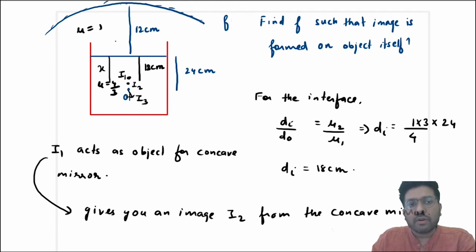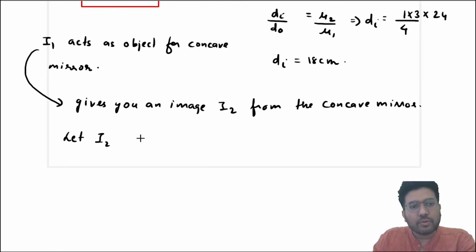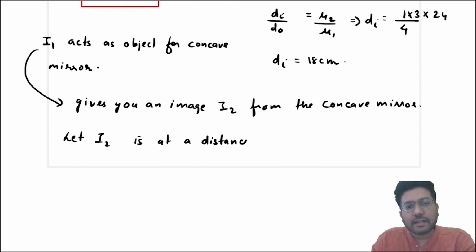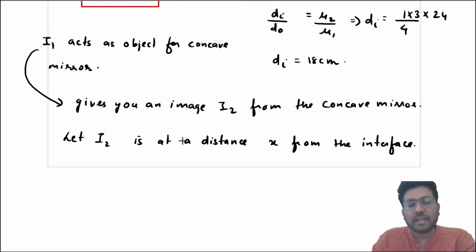Okay, so I2 is object for the interface and I3 is its image, right? So listen carefully. Now let I2 be at a distance x from the interface.